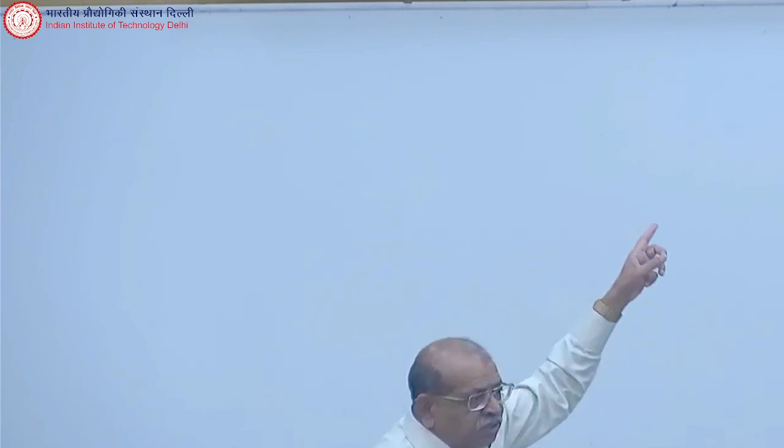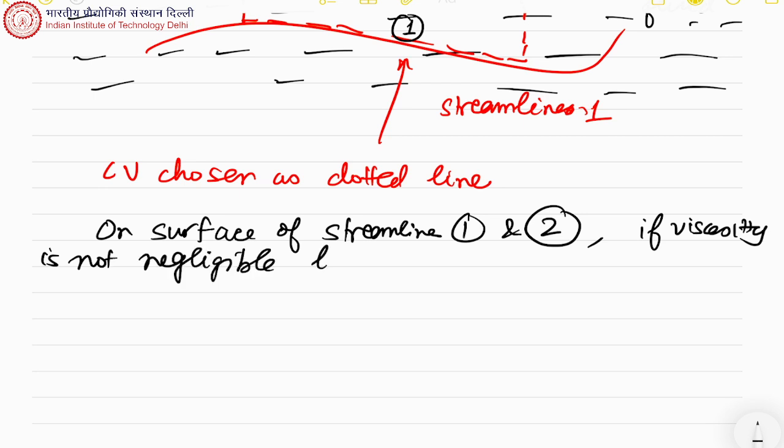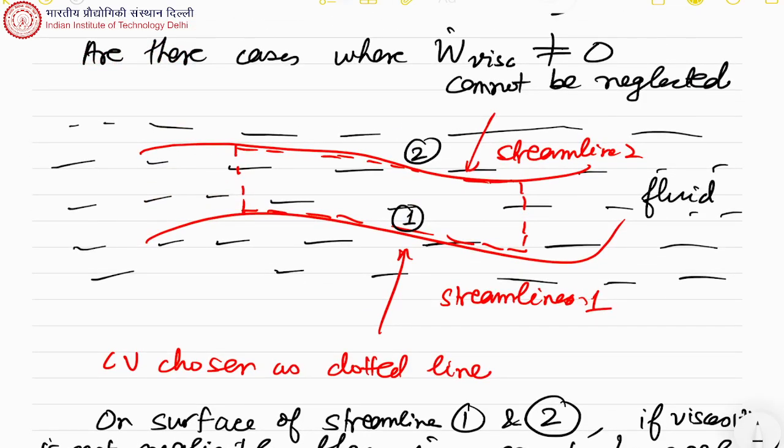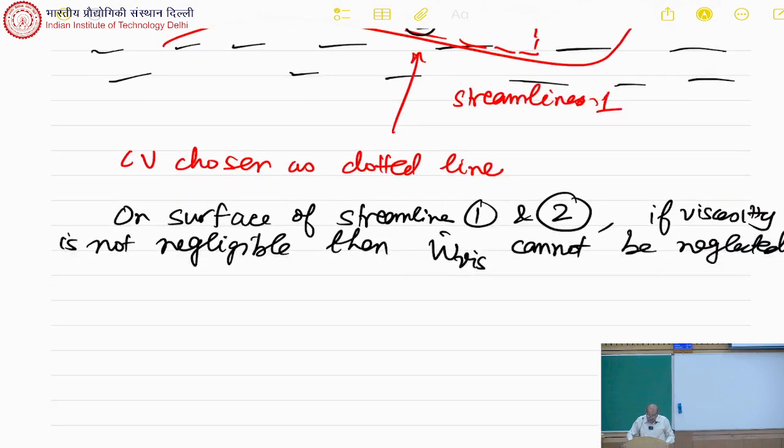So in a control volume like this, on surfaces 1 and 2, if viscosity is not negligible, then work dot viscous cannot be neglected. If shear stress is substantial and there is a velocity, so tau dot V is there on surface 1 and surface 2. If I look at the two perpendicular surfaces, there will be no tau dot V there if I choose the cut perpendicular to the velocity.